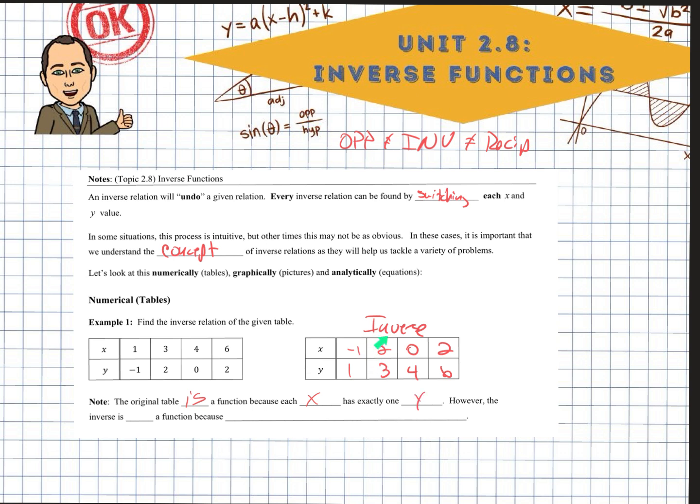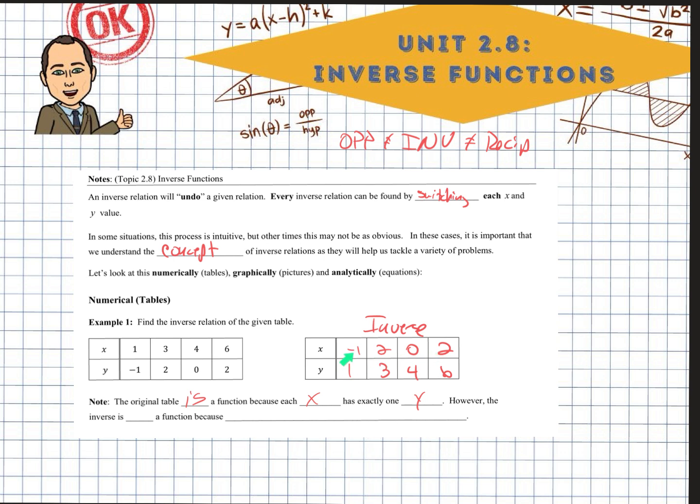Now, this inverse table, is this inverse representative of a function? And this is going to be the catch to some of the trickier parts of working with inverses down the road. If the original function's a function, cool, the inverse is possible. But not every function that we start with is able to have an inverse taken of it. Case in point here, this x has a value of 2, and this x also has a value of 2.